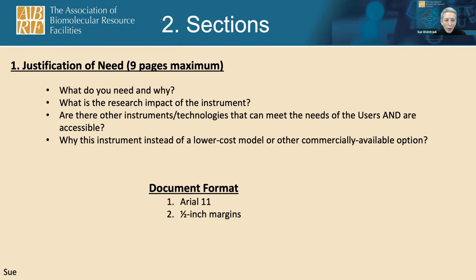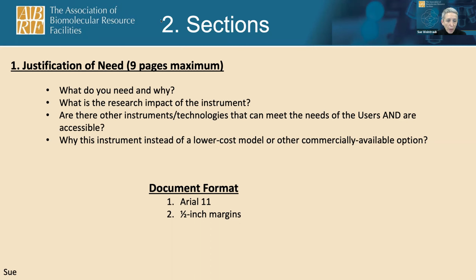But in here, it's also essential to list all of the other accessible instruments at your institution and any place that are reasonably nearby. This will be covered again in the support letters, but there could be lots of reasons why you can't use somebody else's instrument.